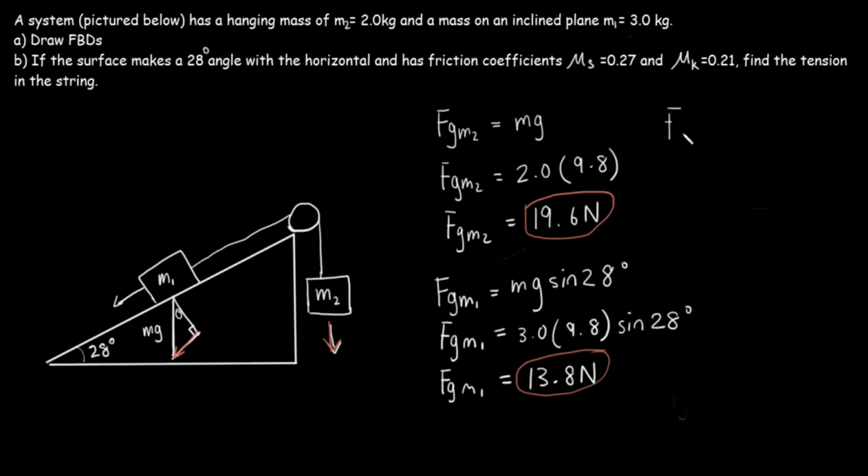So F net equals, and since we know it's going in this direction, we can make this part positive and then we can make going in this direction negative. So F net equals FG M2, and we're always going to add it in the first step, but we can subtract it in the second step.